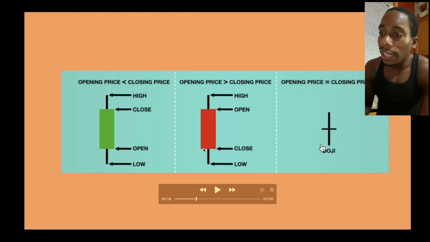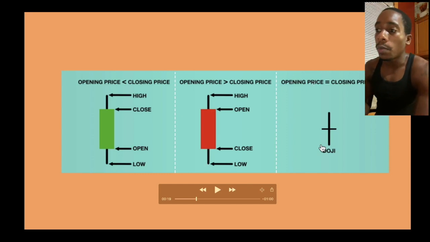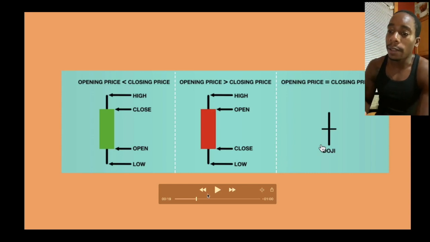So now we notice that it would close here is the closing point, but the actual lowest price range may be down here, right? Here's the opening and closing price to be equal. You may see a doji like this where it's just equal, right? There's nothing happening there.